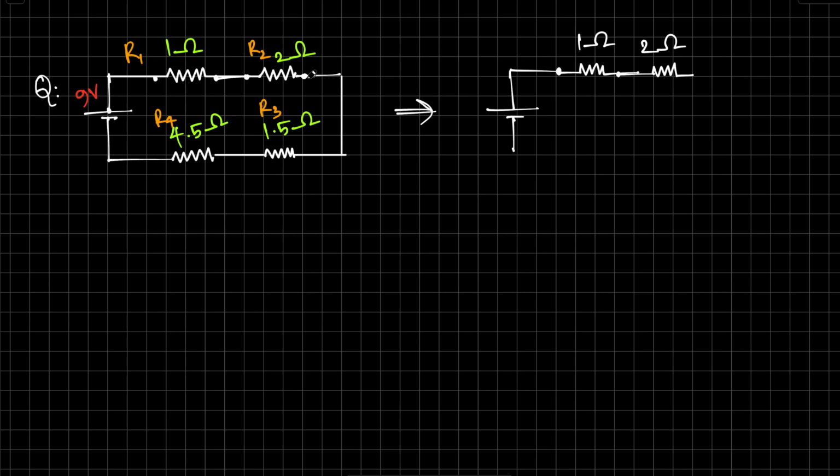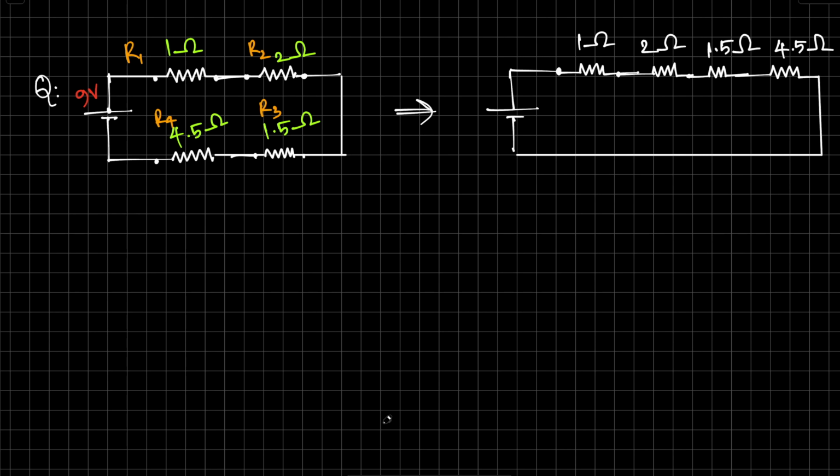From this end, a 1.5 ohm resistor is connected, right? That's my 1.5 ohm resistor. And this end of the 1.5 ohm resistor is connected to a 4.5 ohm resistor. This end of the 4.5 ohm resistor is connected to the negative terminal of the battery. This is the new circuit. In fact, these two are the same.